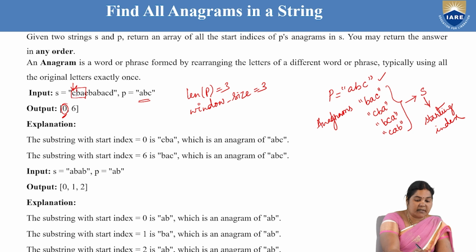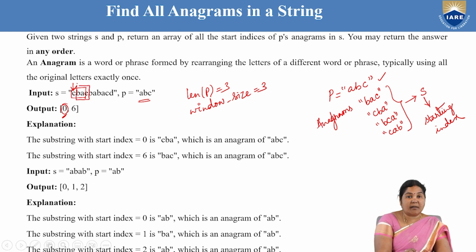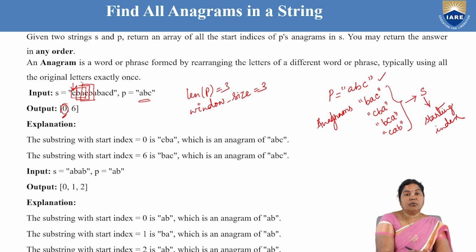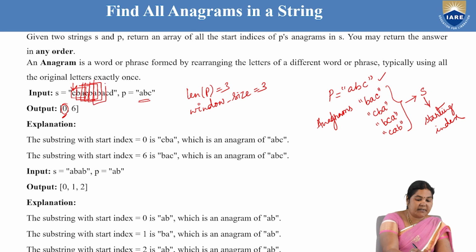Next, you slide over it. Now, next slide is BAE. BAE is not anagram of ABC. Okay. So, don't do anything. Next slide is AEB. It is also not an anagram. Next slide is EBA. It is also not an anagram. Next slide is BAB. Not an anagram. Next slide is ABA. Not an anagram. Next slide is BAC.